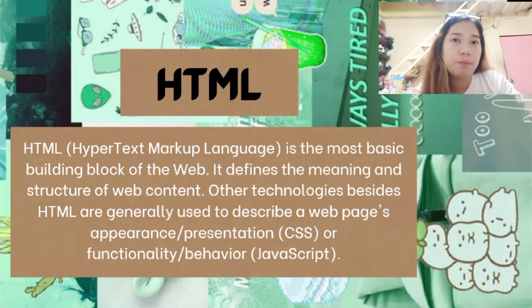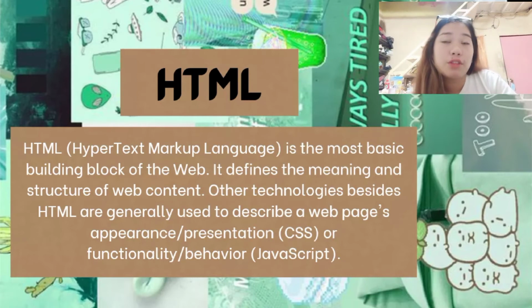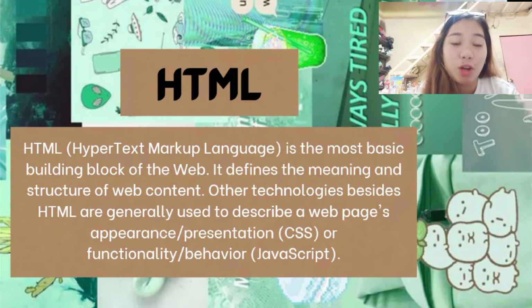Other technologies besides HTML are generally used to describe a web page's appearance, presentation, CSS, or functionality and behavior. HTML is a standardized system for tagging text files to achieve font, color, and hyperlink effects on World Wide Web pages.